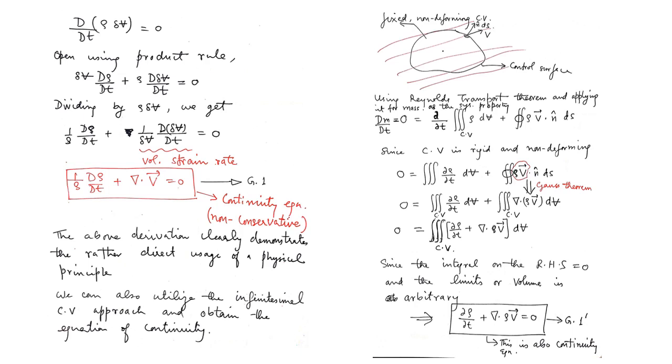So whatever may be the size and shape of the control volume, the result that we are now facing, del rho del t plus divergence of rho V, and its volume integral is 0, we will get in all cases. So it means that this is only possible if the integrand is 0.